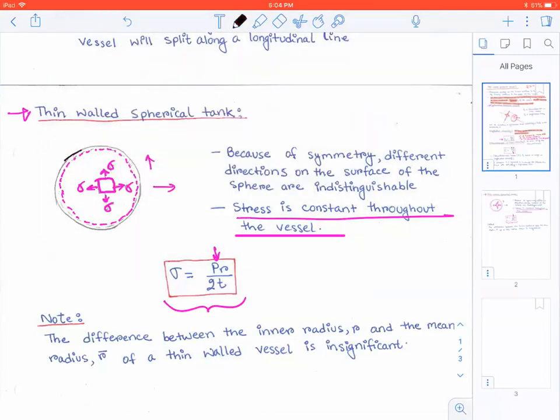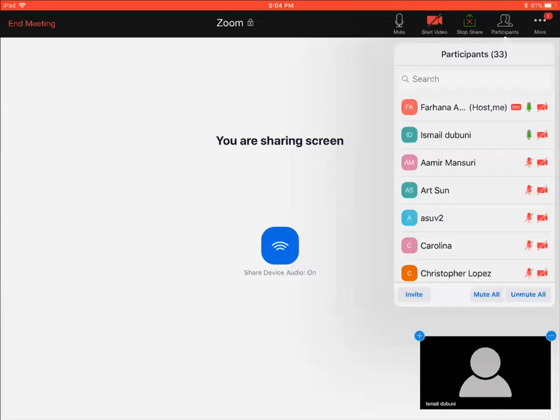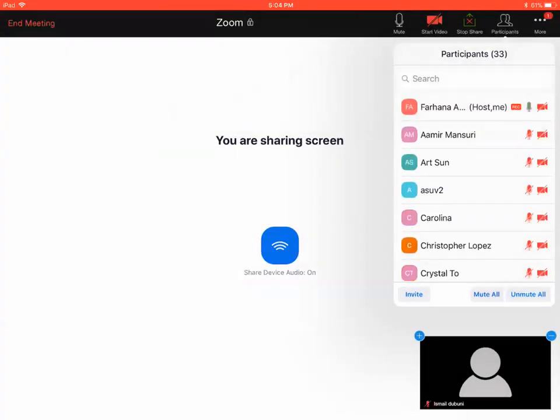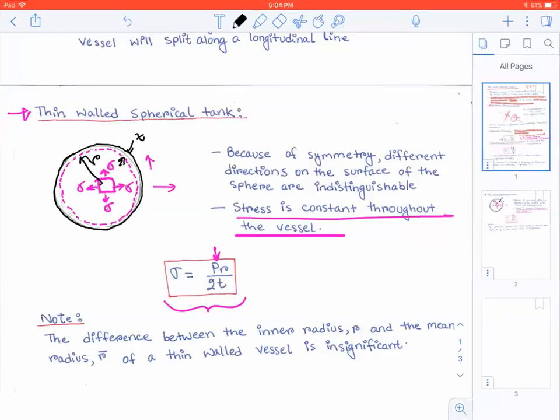And this is my thickness, T, and this is my radius, R. Okay, let me just, I think there is some noise coming in. All right. So your R is your inner radius, T is your thickness.